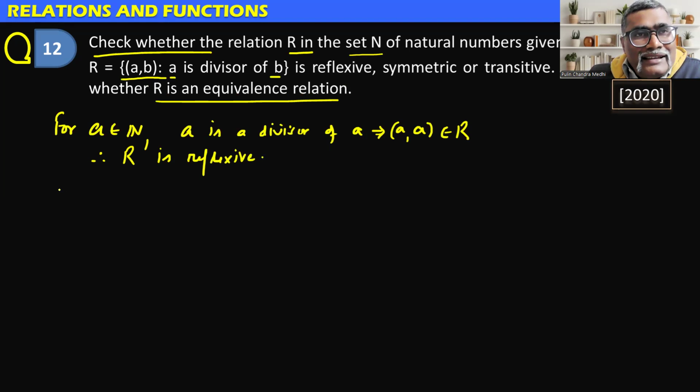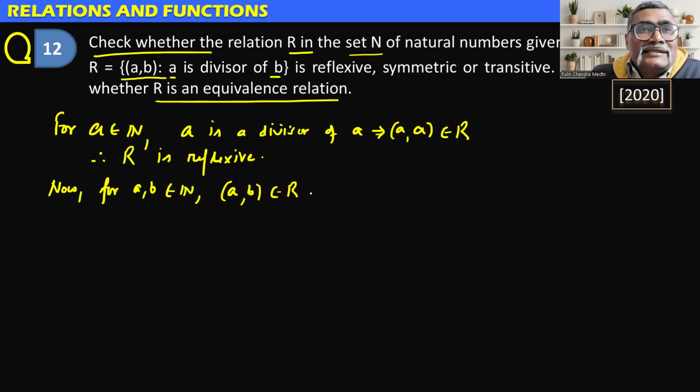Fine. Now for symmetricity, you should start directly with the ordered pair. For A, B belongs to N, I shall start with (A, B) belongs to R. What will it imply? A is a divisor of B. So rather I write like this, A divides B. Now, if A divides B, will it necessarily imply B divides A?